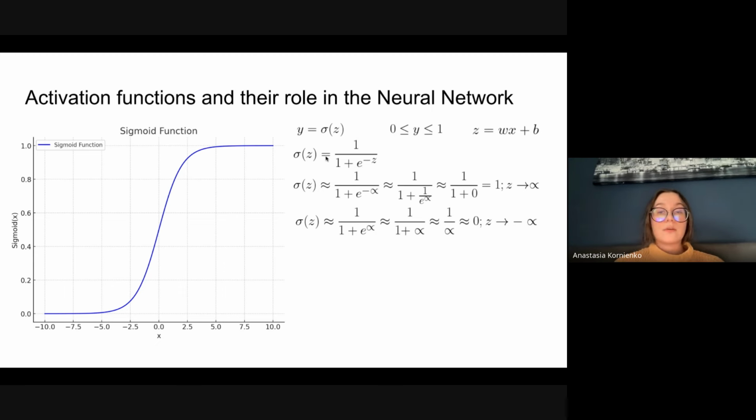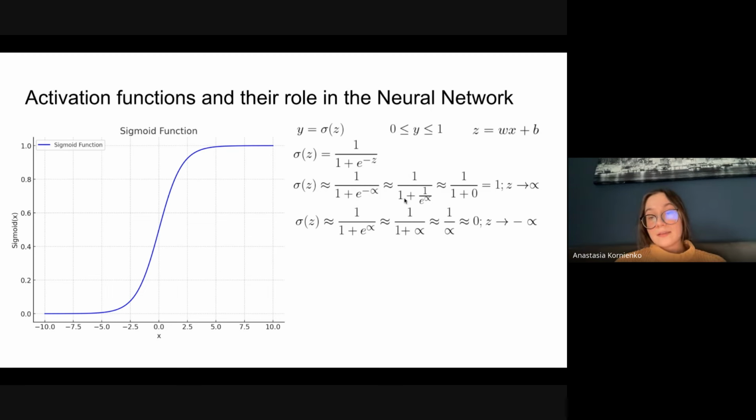It's 1 divided by 1 plus e to the power of minus z. If we talk about its intuition, for a very, very large z, the output will always be 1. It's 1 divided by 1 plus e to the power of minus infinity.